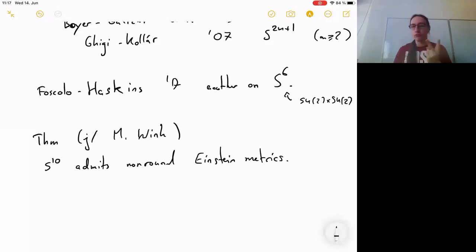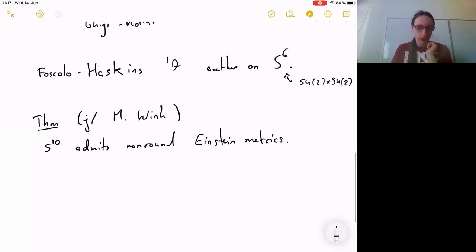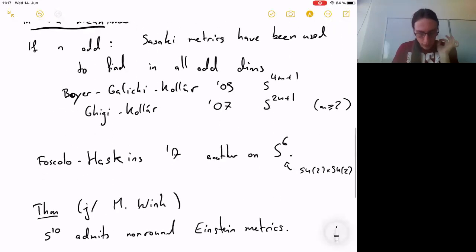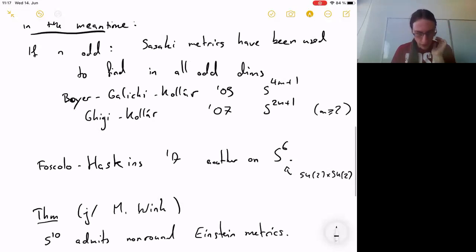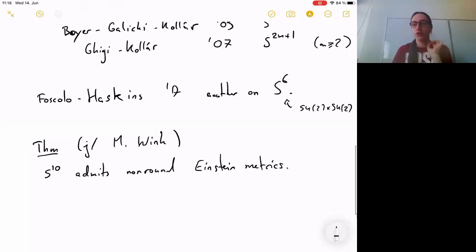So we didn't go from 2 spheres known to admit non-trivial Einstein metrics to all spheres known to admit non-trivial Einstein metrics, but we went from 2 to 3, which, I mean, is also progress. But as opposed to Christoph's work in smaller dimensions, these do not come in infinite families anymore.